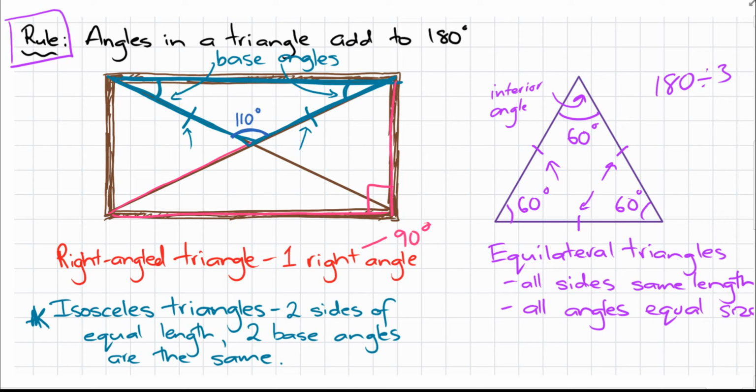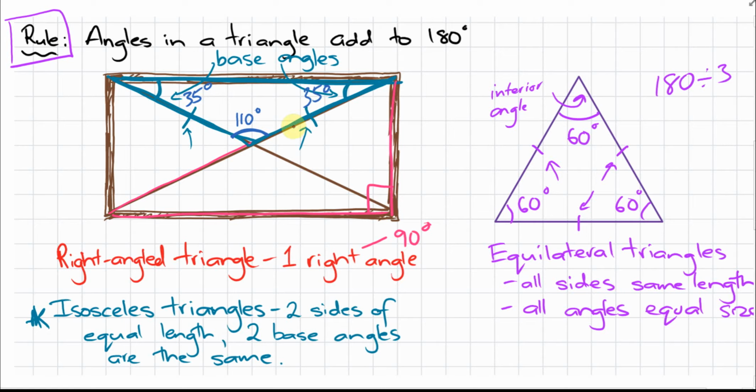Knowing that the base angles are the same, are equal, that would mean that if this is 110, I have 70 degrees left over to make up to 180 degrees, which is the sum of the angles inside a triangle. So then this base angle would be 70 divided by 2. So that base angle would be 35, and this base angle here would also be 35 degrees. So base angles are the same.